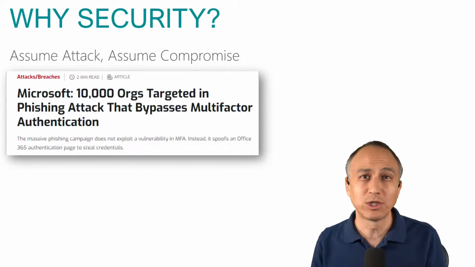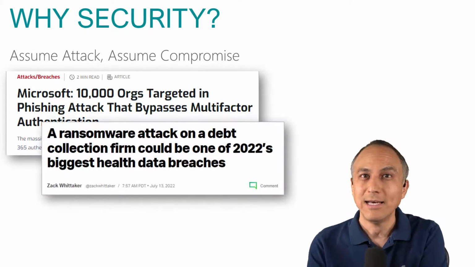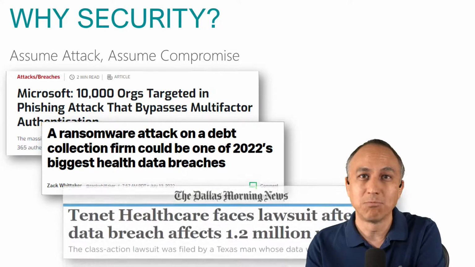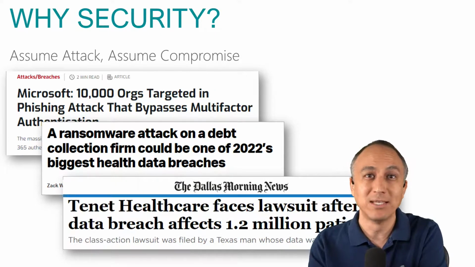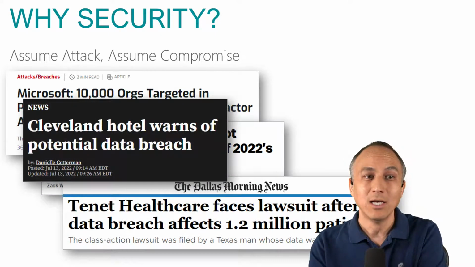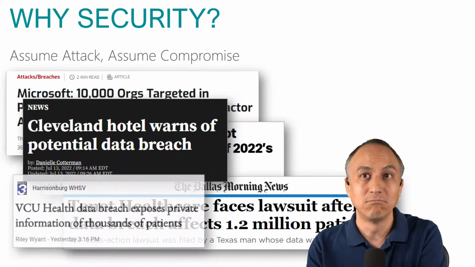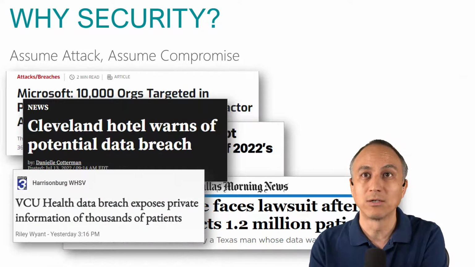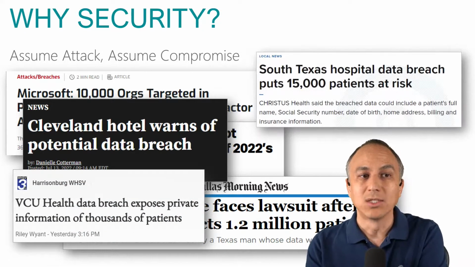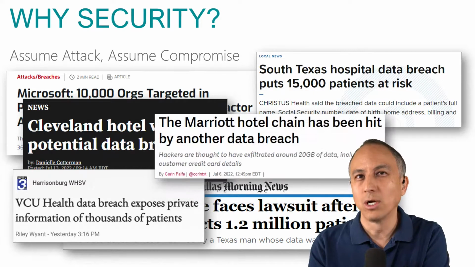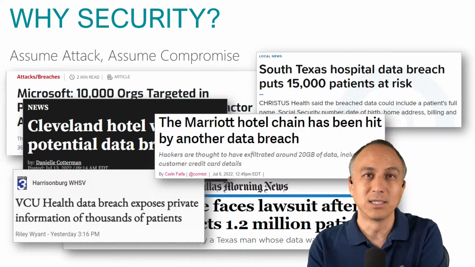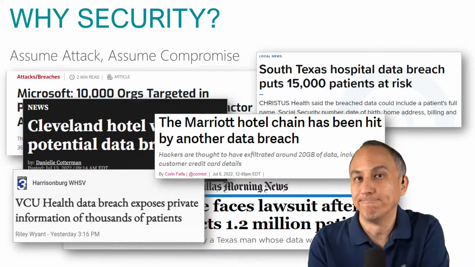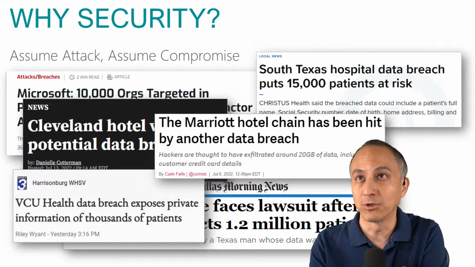And this one should be fairly obvious. In just a few minutes, I pulled up some headlines. This is just the last week, right? All these headlines are from news articles from the last week. If you're not sure why you need to be very serious about security, you might be in trouble.